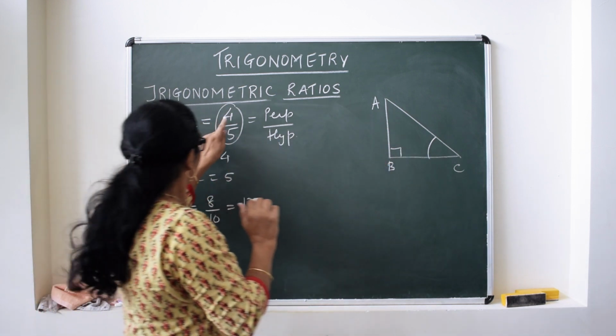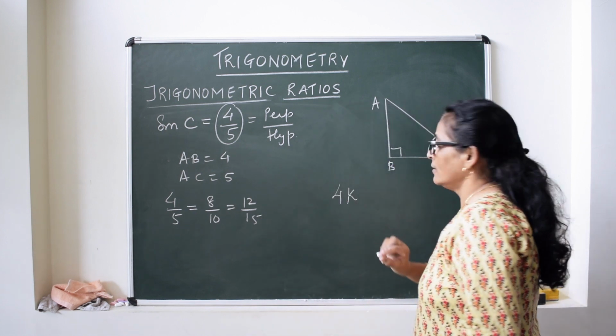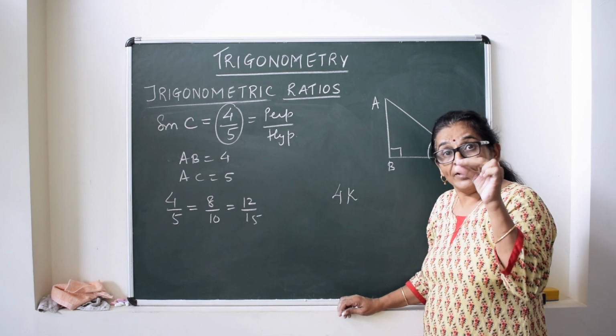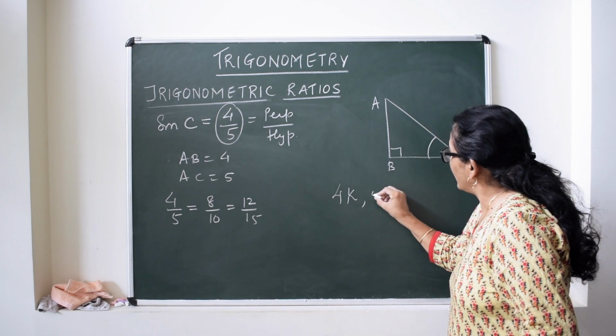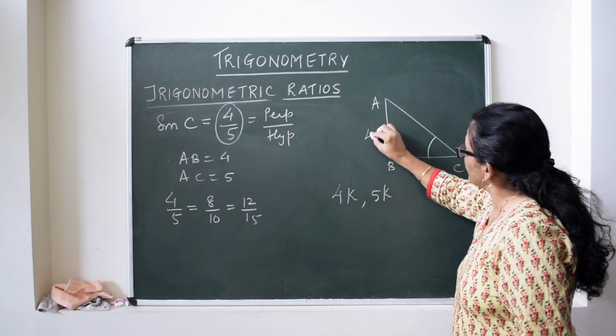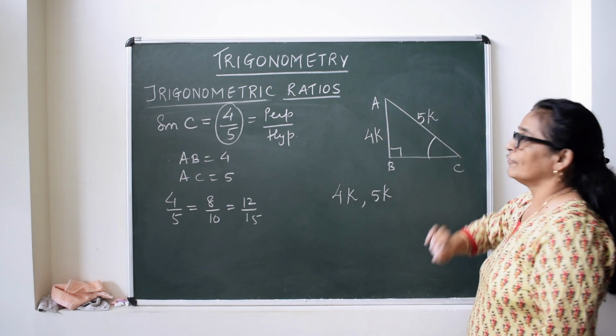It is a value for which we will take a variable multiplied by a fixed value. So this is 4k, and in place of 5 we will take 5k. It means that AB we will consider as 4k and the hypotenuse will be 5k.